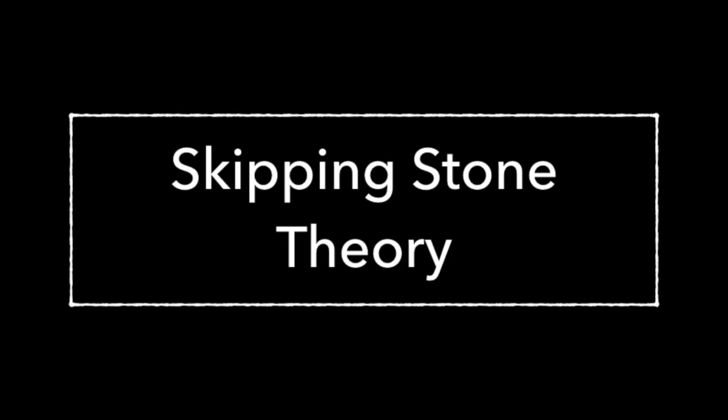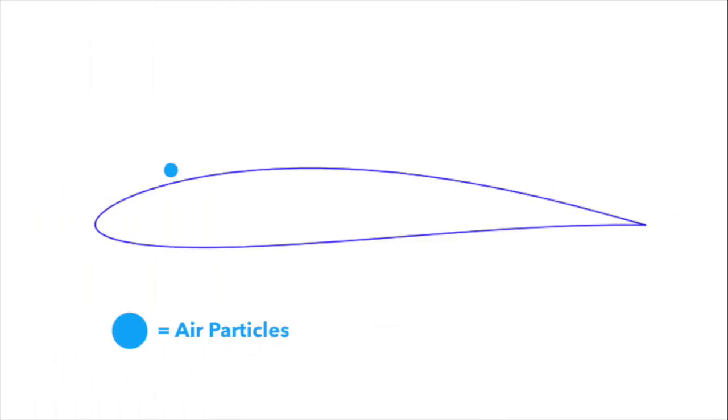A revised version of Newton's theory can more accurately describe the production of lift. As shown, the air particles are flowing above the upper camber of the airfoil, known as an upwash, due to a natural phenomenon known as the Coanda effect, also sometimes referred to as flow attachment. The air particles follow the contour of the airfoil. As the airfoil slopes downwards towards the trailing edge, the particles are forced downwards and this creates an effect called a downwash.